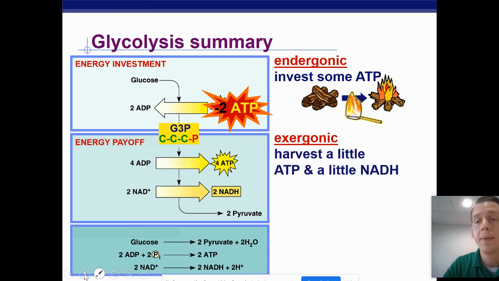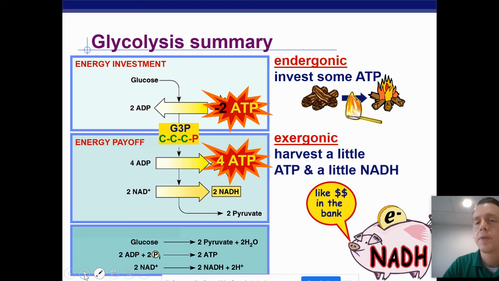Let's see if we get paid back. We get paid back 4 ATP with a net gain of 2. So even though we invested some at the beginning, we got double our ATP back, and we also got a little bit of NADH. Keep in mind, this is not much. A little bit of NADH and a little bit of ATP.